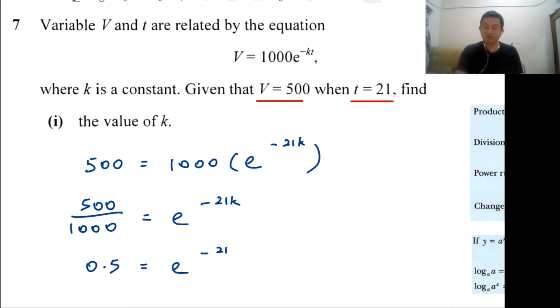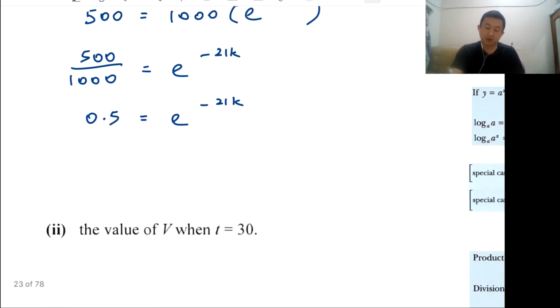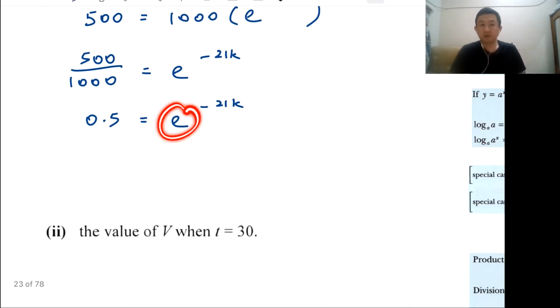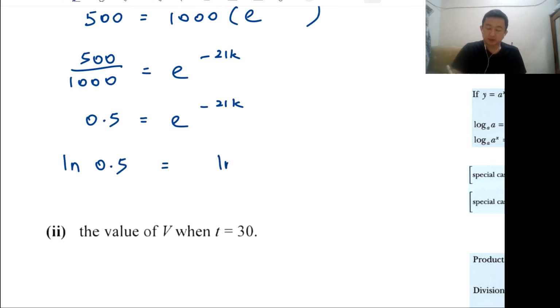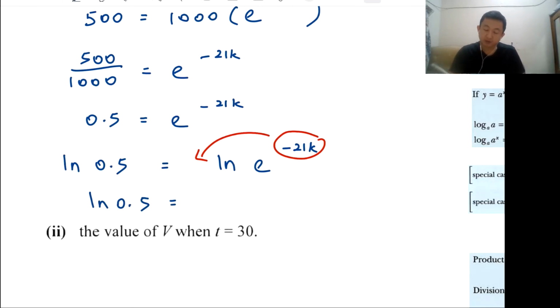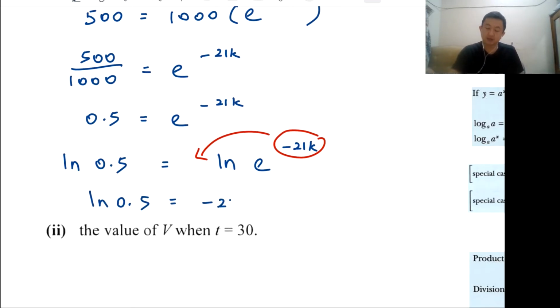Okay, now you have to bring it down. How do we bring it down? Since it's an exponential, you have to put a log on both sides and have to use base e. Base e is ln. So ln 0.5 equals to ln e to the power of negative 21k. And this one, you bring it down, ln e is just 1. So ln 0.5 equals to negative 21k.